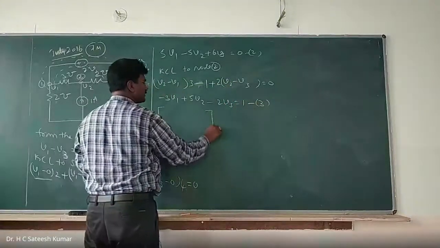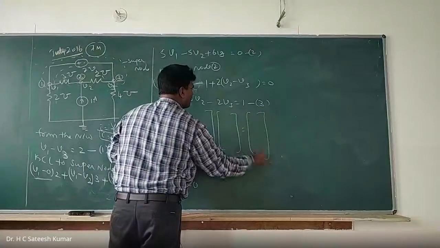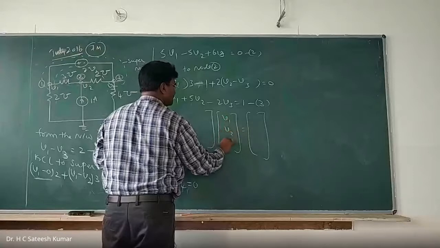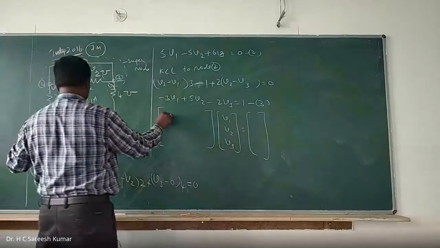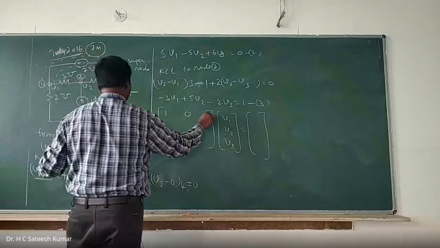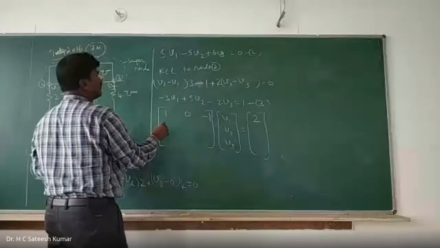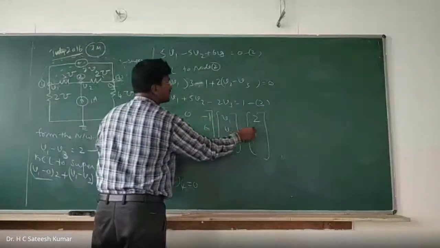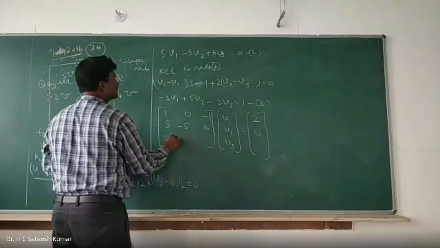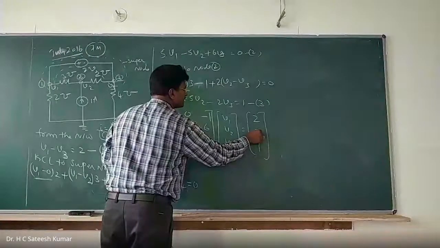Now you write down the matrix. V1, V2, V3. The coefficients: 1, 0, minus 1, 2; second, 5, minus 5, 6, 0; then minus 3, 5, minus 2, 1.